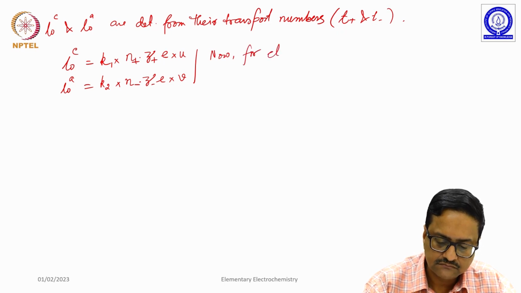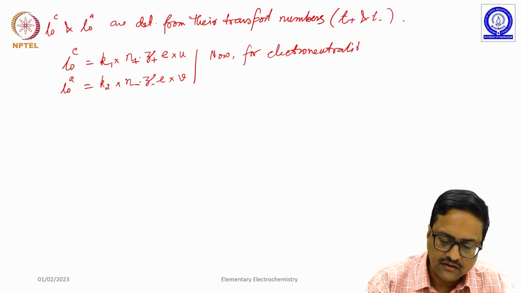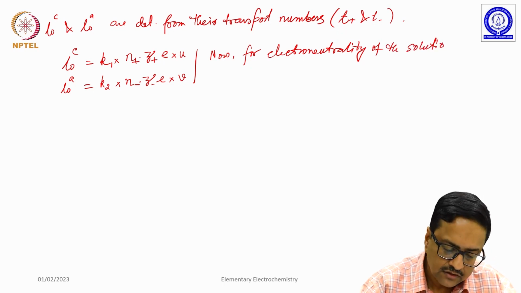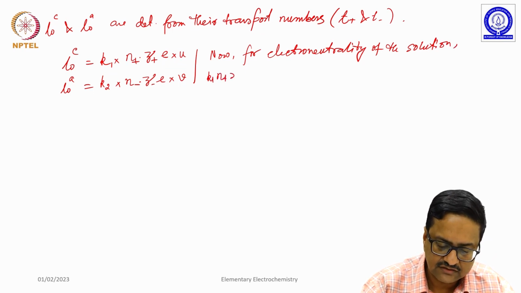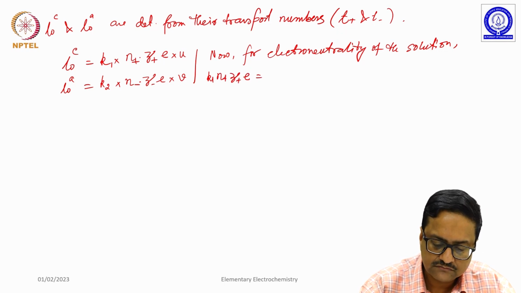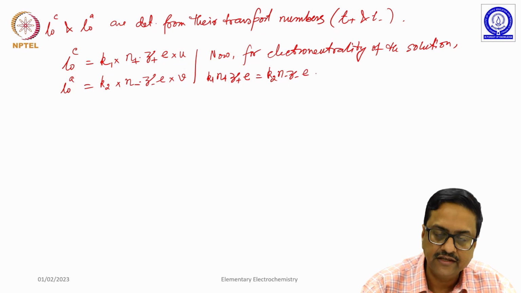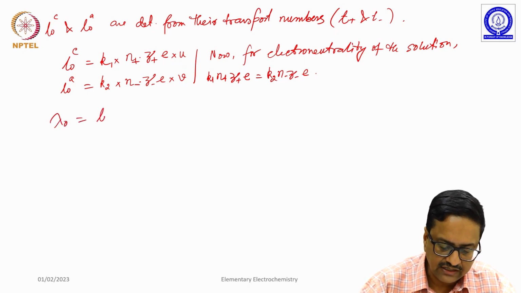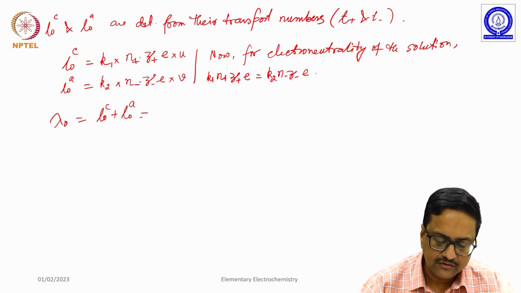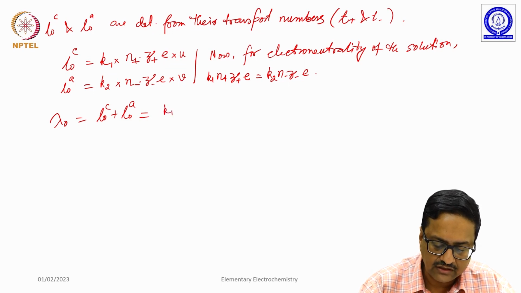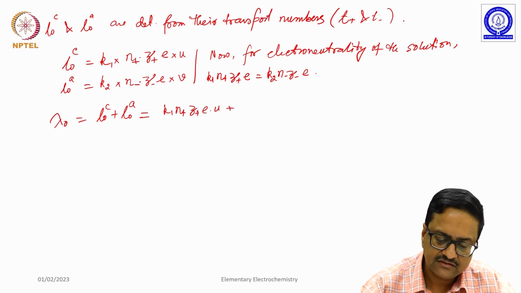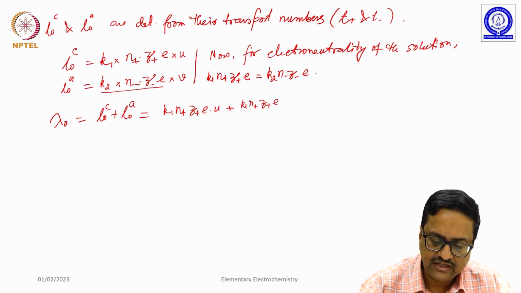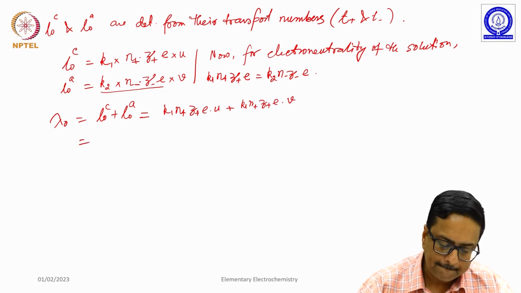Now, for electroneutrality of the solution, the product K1 N plus Z plus E should be equal to K2 N minus Z minus E. So when we try to calculate the value of lambda 0, which is nothing but L0 cation plus L0 anion, we can do this by doing K1 N plus Z plus E into U plus, again, instead of K2 N minus Z minus E, we write K1 N plus Z plus E into V, which is equal to a constant.